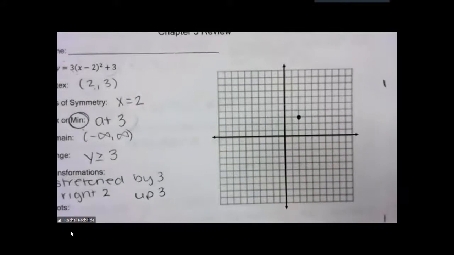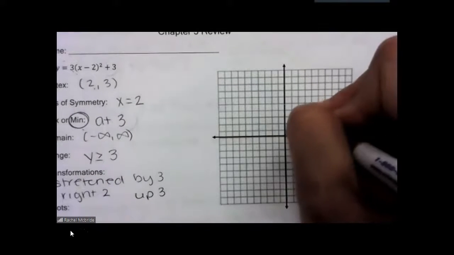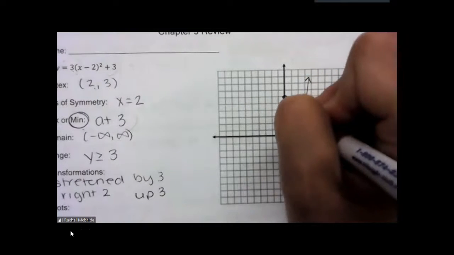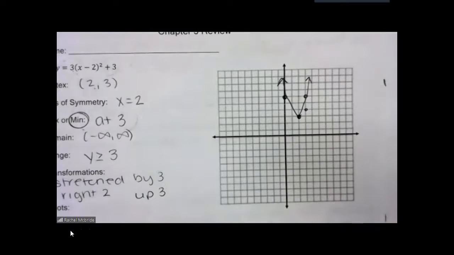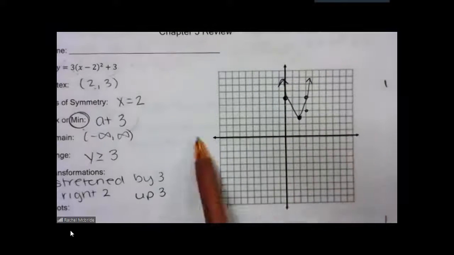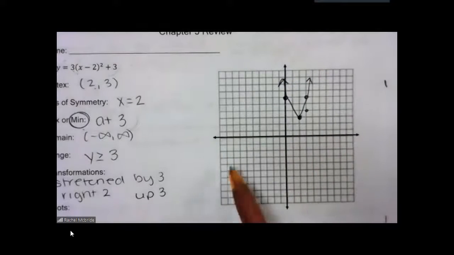Since this graph opens up with a min, there are no roots because it never hits the x-axis.